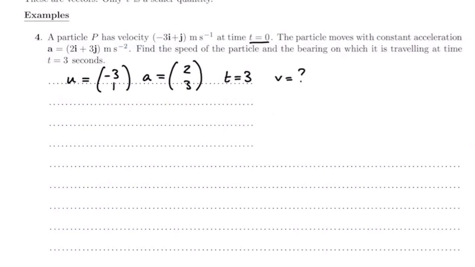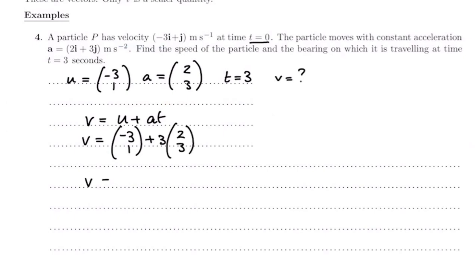So I'm going to quote my formula. v equals u plus at, one of our standard SUVAT formulae, in this case with vectors. So v equals negative 3, 1, plus, and I'm going to put the time first, 3 lots of the acceleration 2, 3.